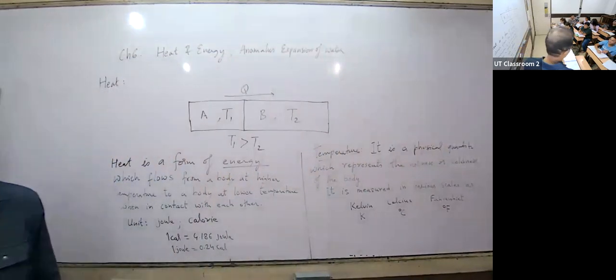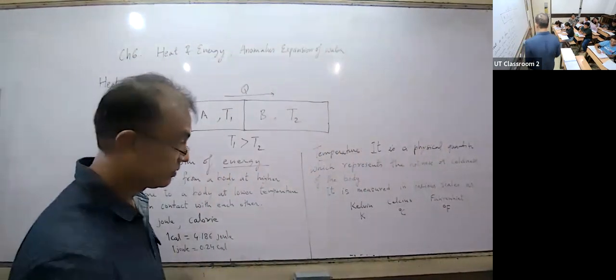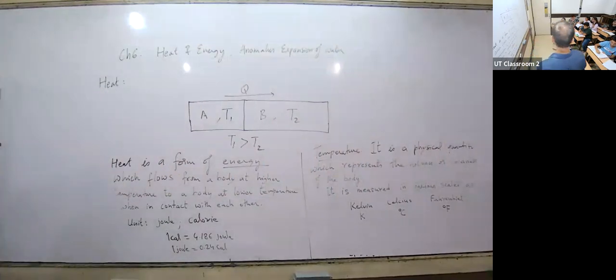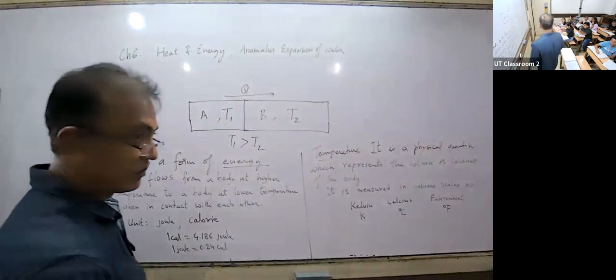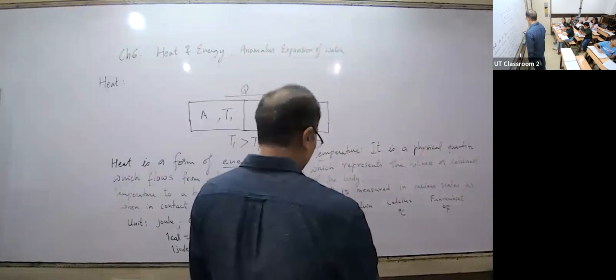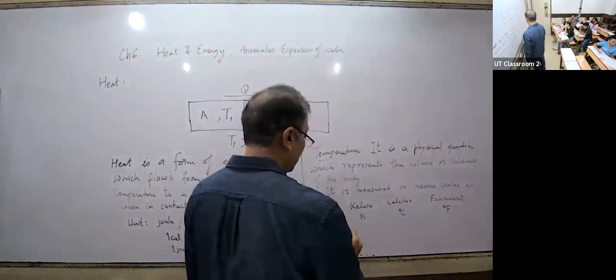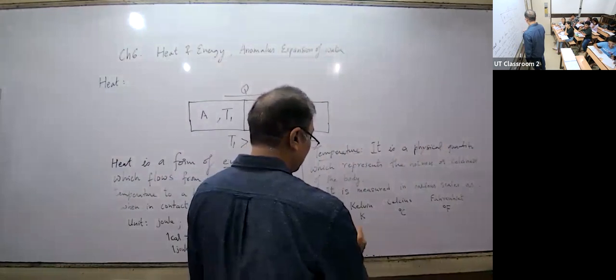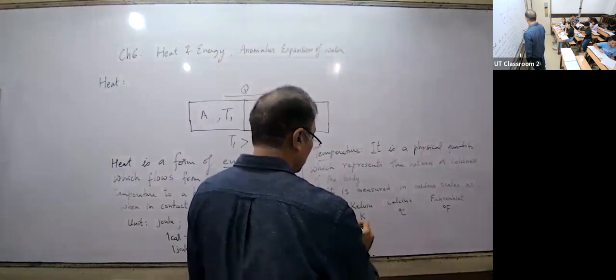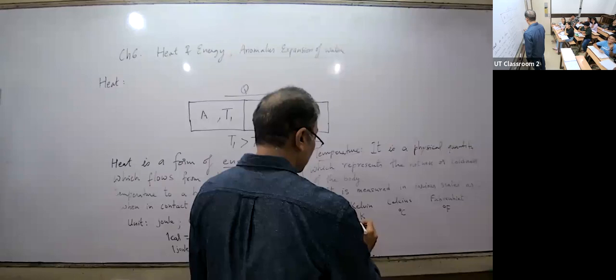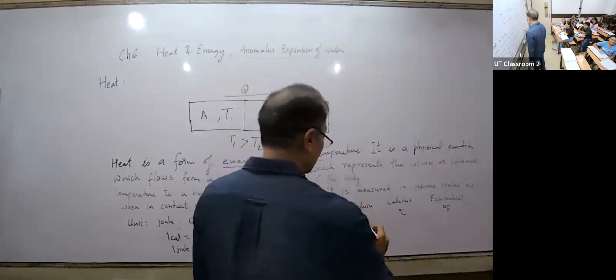And there are relations between them. What is the relation? Temperature in Kelvin is expressed as capital T. Capital T Kelvin is equal to temperature in degree Celsius plus 273.